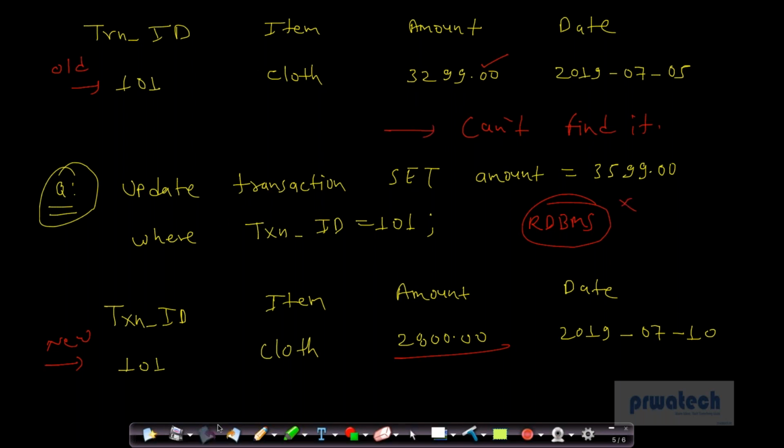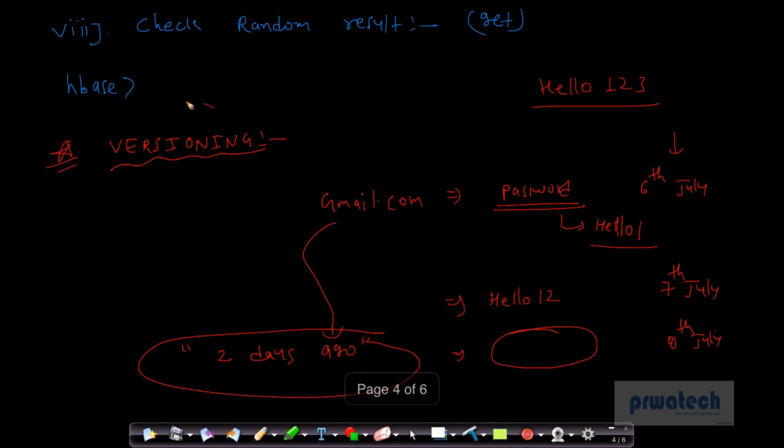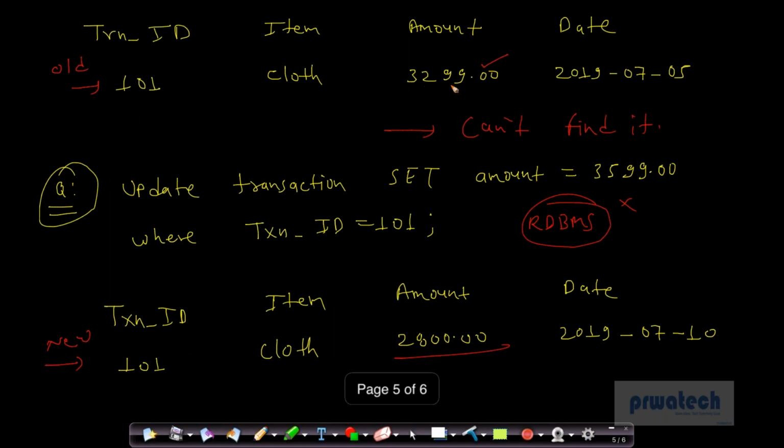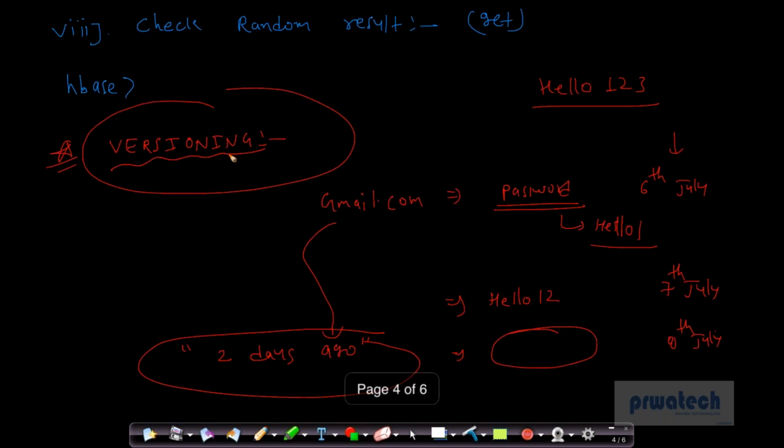But in NoSQL, using the versioning concept, we can check this result also. We can decide to maintain 2 versions of history, 3, 10, or 100. 100 is the maximum number. So we can maintain our history, just like Gmail is doing. Whatever password I give, they update the detail and keep my previous password also.